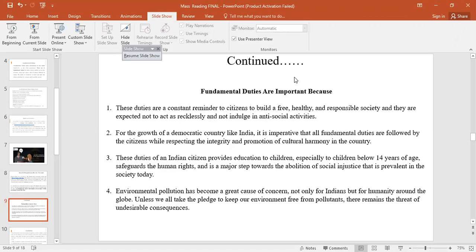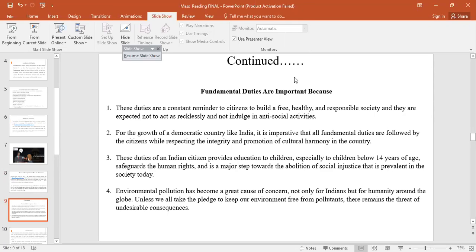For the growth of a democratic country like India, it is imperative that all fundamental duties are followed by the citizens while respecting the integrity and promotion of cultural harmony in the country. These duties of an Indian citizen provide education to children, especially to children below 14 years of age, safeguard human rights, and are a major step towards the abolition of social injustice that is prevalent in society today.